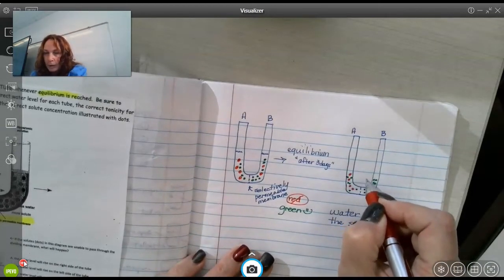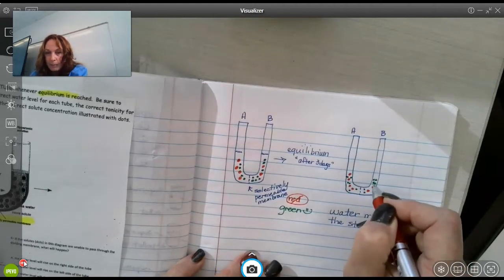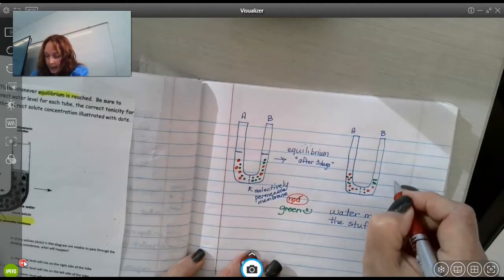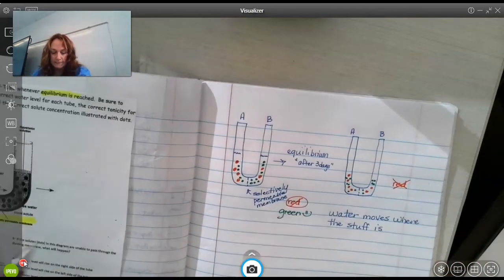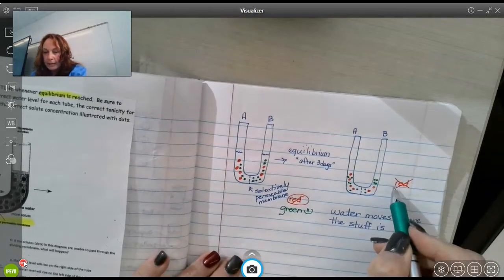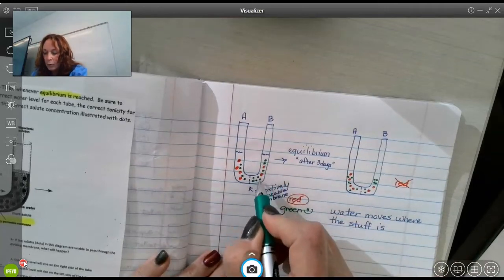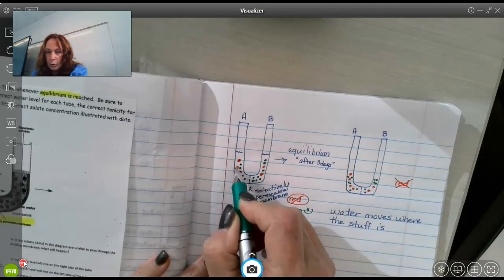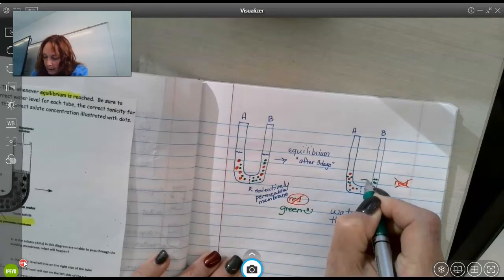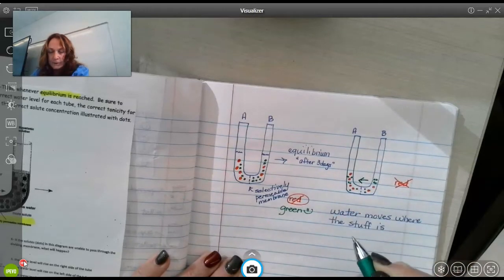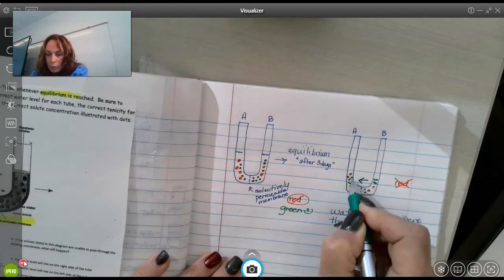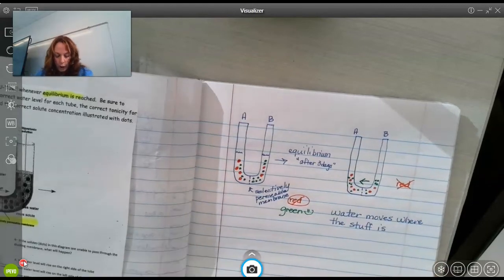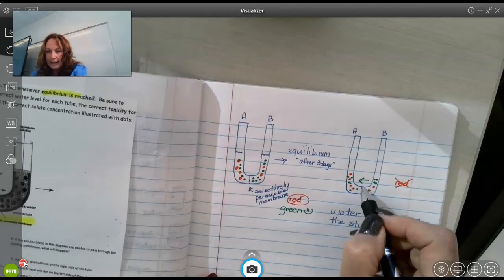The red molecules, they did not move. So for the red, I'm just going to put that there was no movement. For the green, moved from B to A. So the green moved in this direction. Because stuff moved to A, water moves to A also.